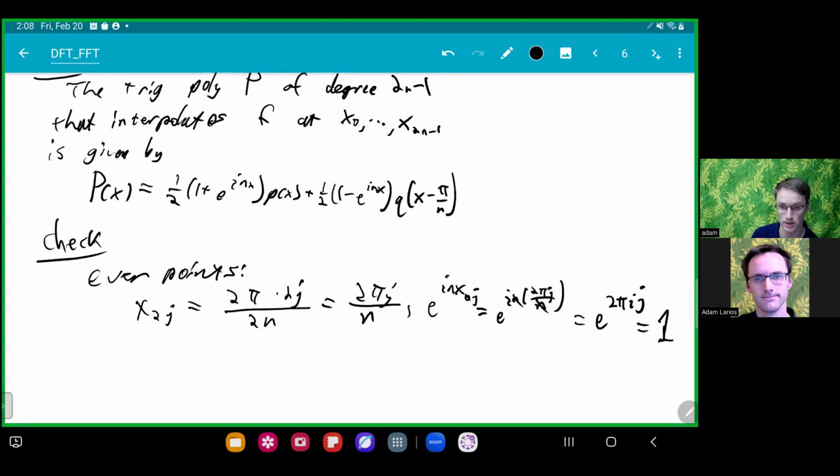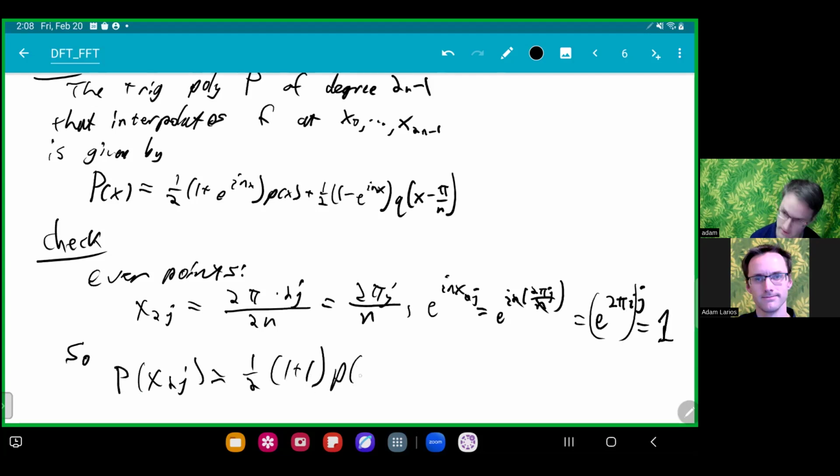That's going all the way around the complex unit circle once, no matter the power j. It's e to the 2 pi i to the j, so it's 1 to the j, that's 1. And so, if we take a look at P of x2j, this is 1/2 times 1 plus 1, just going from the formula above, times p at x2j, but 1 plus 1 over 2 is just 1, so this is p at x2j.